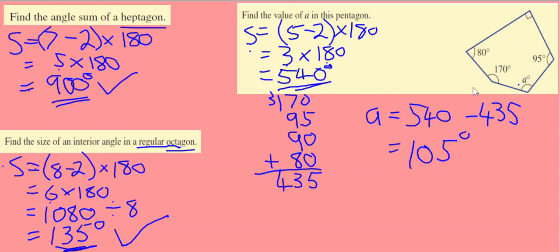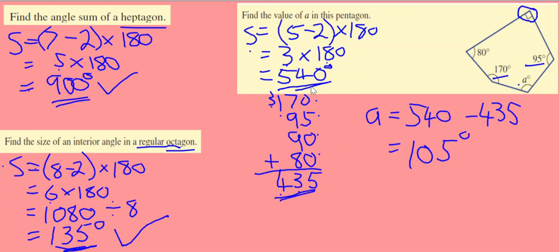First thing we do is take all our angles: 170 degrees, 95 degrees, our little box down here, so that's 90 degrees, and then 80 degrees. Added all of them up, 0 plus 5 plus 0 plus 0 gives us 5, 7 and 9 is 16, plus another 9 is 25, plus 8 is 33, so write the 3 here, carry the 3, 3 plus 1 is 4, so 435 degrees so far.